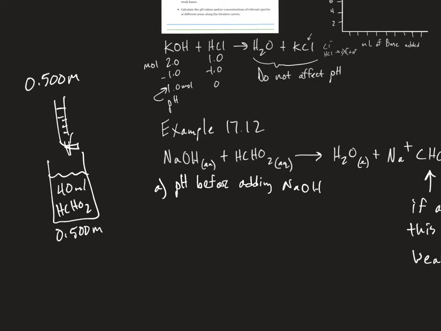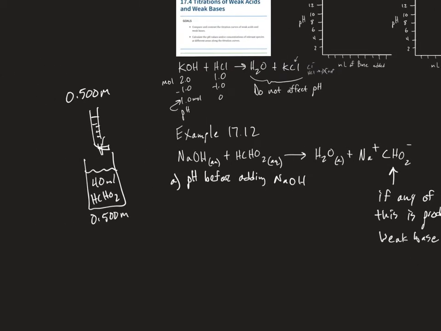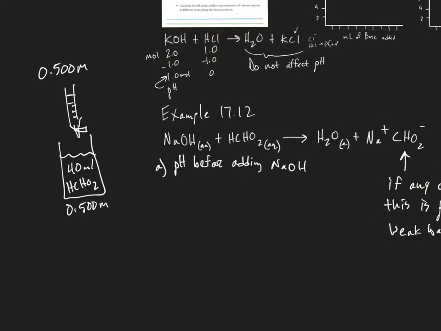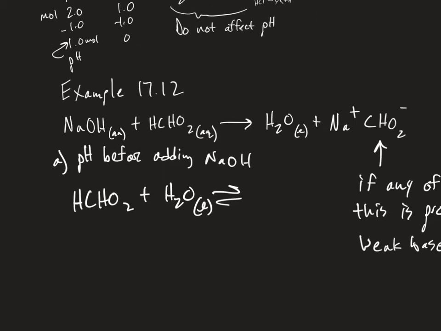So like before, the pH of the solution will be determined by the molarity of the acid in solution. Remember, this is not a strong acid though. So how did we determine the pH of a weakly acidic solution? That's where we use our ice table. And remember that if this is what we have in solution to begin with, plus H2O, liquid, we have equilibrium here.